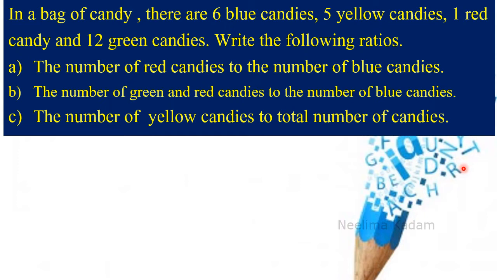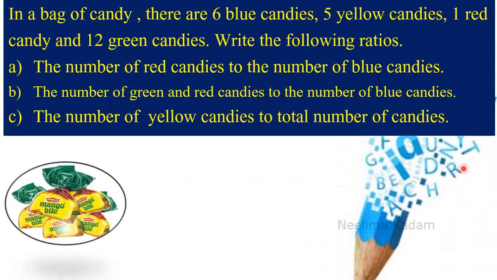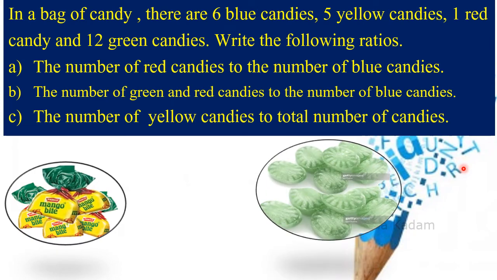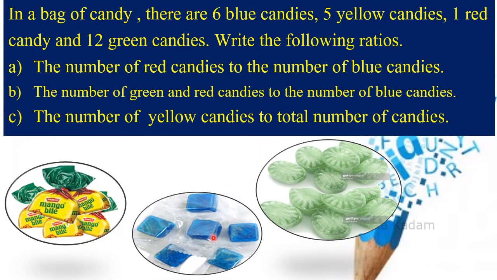See here. 5 yellow candies are there. 12 green candies are there. 6 blue candies are there and only 1 red candy. Okay. Now we have to write the ratios. What is asked? The number of red candies to the number of blue candies, number of green and red candies to the number of blue candies, and the number of yellow candies to total number of candies.